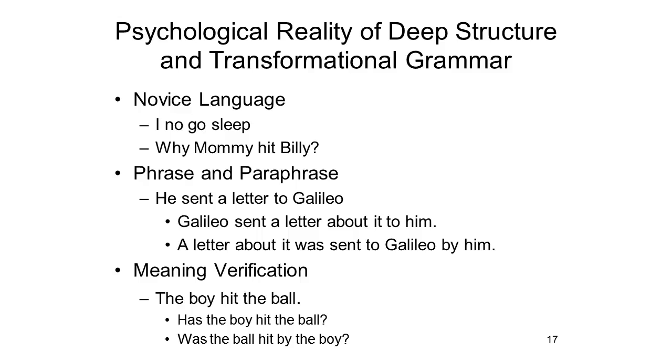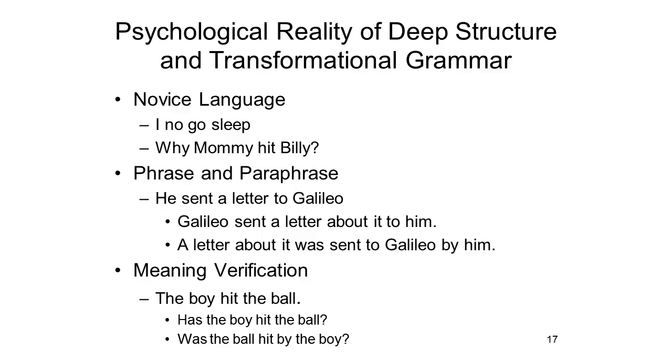As a first pass towards providing this evidence, consider some of the utterances of novices in a language, such as infants or immigrants who are just learning the language. These utterances tend to mimic the kind of deep structures that Chomsky hypothesizes. For example, I no go sleep, or why mommy hit Billy.